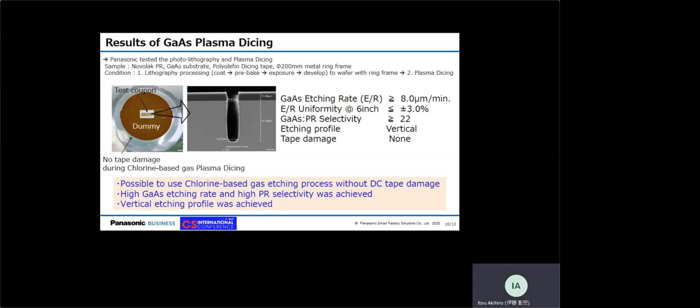The etching rate uniformity for 6-inch is plus minus 3% or less, and the selectivity of gallium arsenide and photoresist is over 22. Thus, Panasonic achieved a high gallium arsenide etching rate, high photoresist selectivity and vertical etching profile by using a chlorine-based gas etching process with a dicing tape varnish.